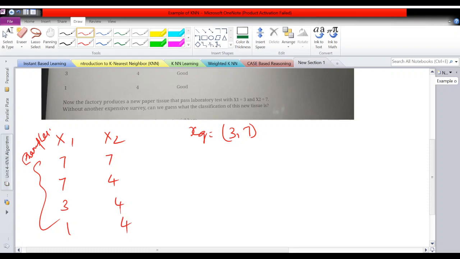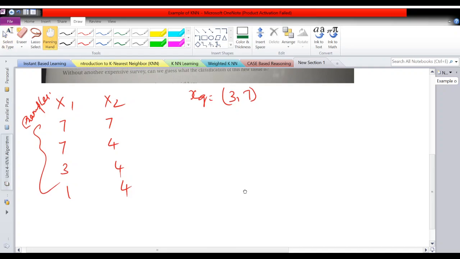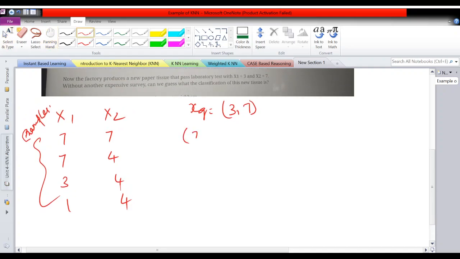So what we have to do is find the distance of this data point with each data point. Okay. So how will you find the distance? 7 minus 3 the whole square plus 7 minus 7 the whole square. Again 7 minus 3 the whole square plus 4 minus 7 the whole square.